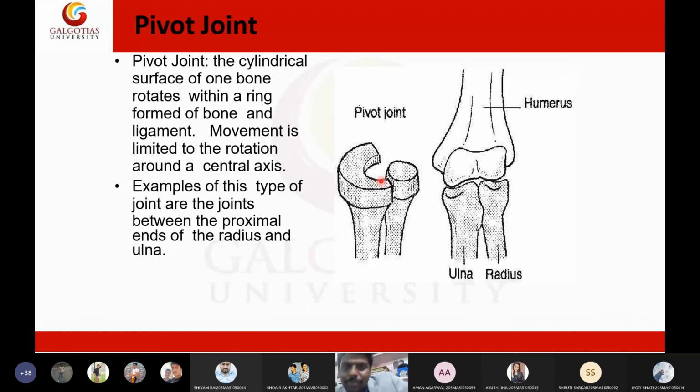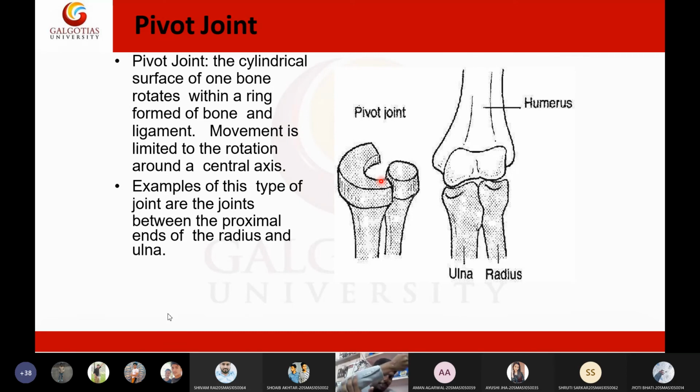The best example for this pivotal joint is this one, which I discussed with you in the beginning. See here, I'm holding my hand at the bottom like this, and I can rotate my hand. Even though my bottom portion is not moving, the top portion of the hand is moving, right? This movement is enabled by the pivotal joint.